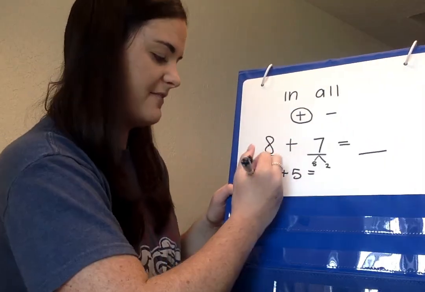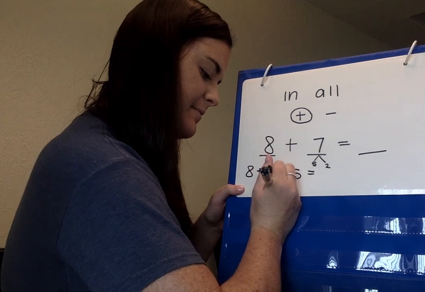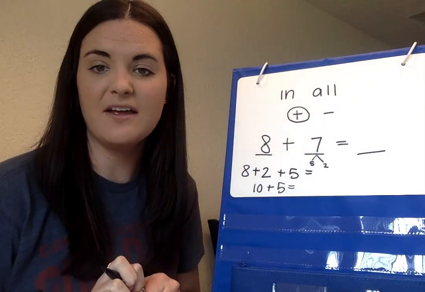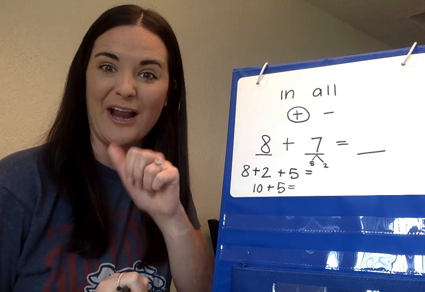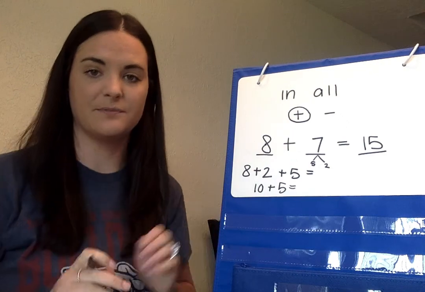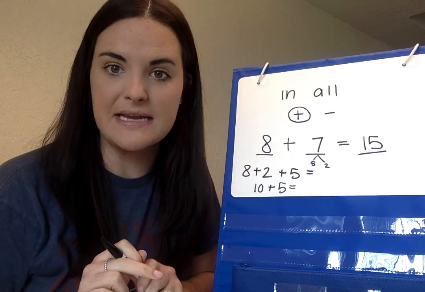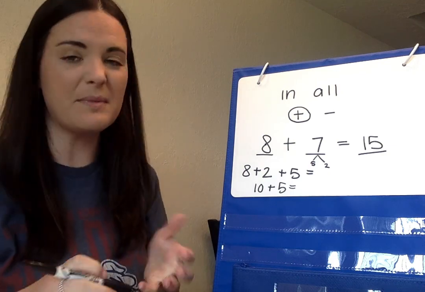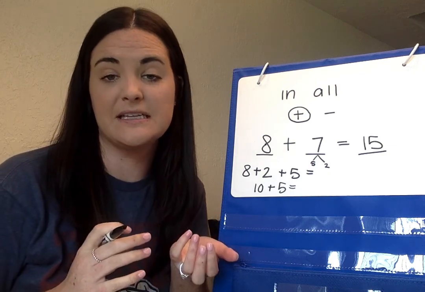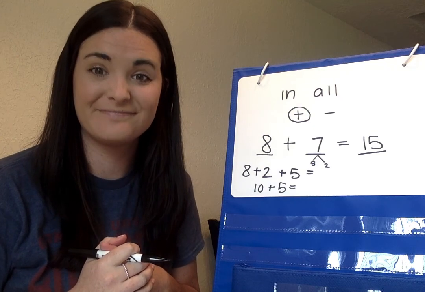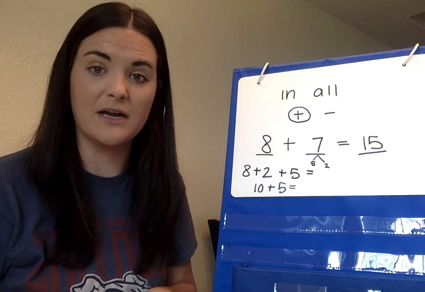So now I have 10 plus 5. What's 10 plus 5? You got it, 15. So 8 plus 7 is 15. I used our making a 10 strategy to add that we learned last week. Remember, you can use any strategy that you would like. I'm just showing you a couple different ways. Nice work. Let's move on to number 3.